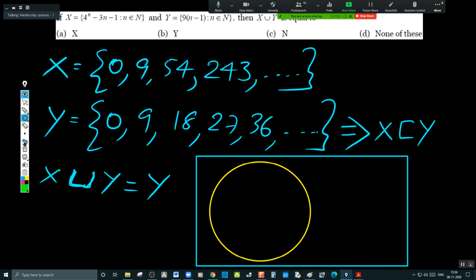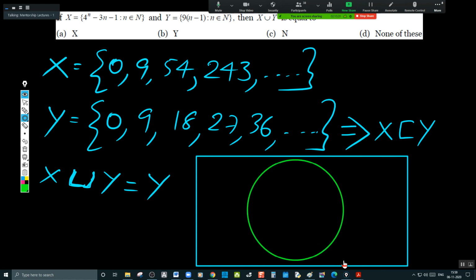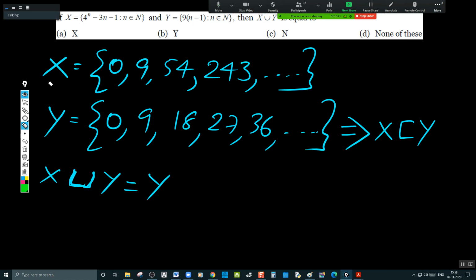You will understand after me writing that. If I take this green color, let me draw a bigger diagram. Just a moment, please.